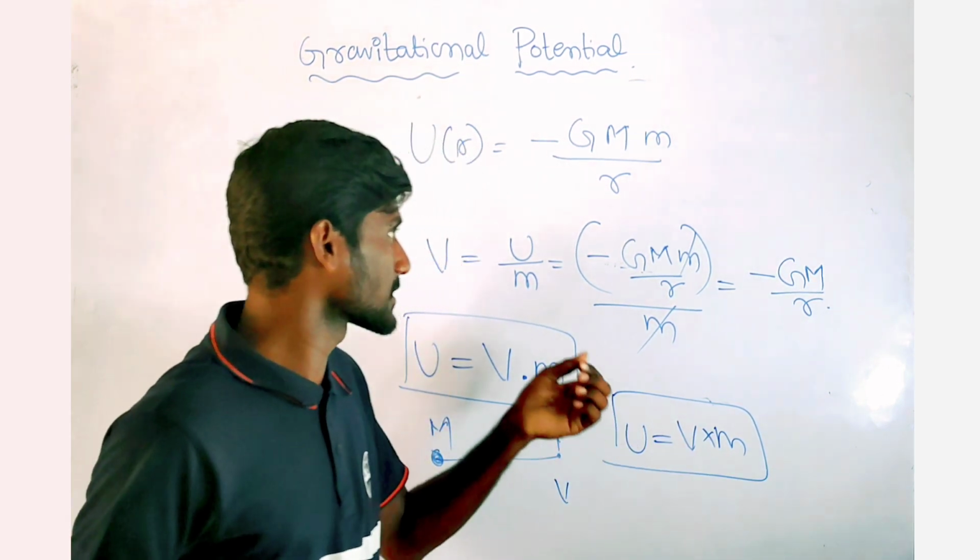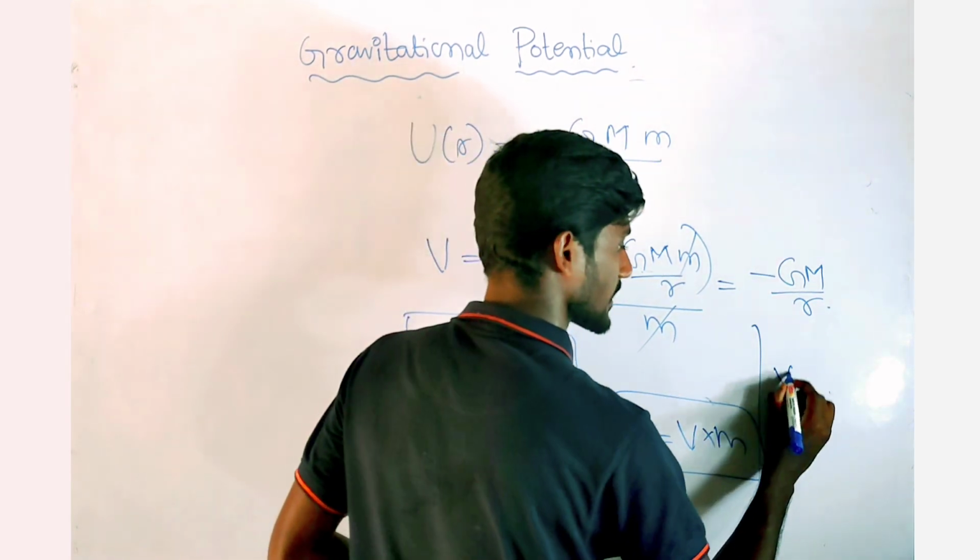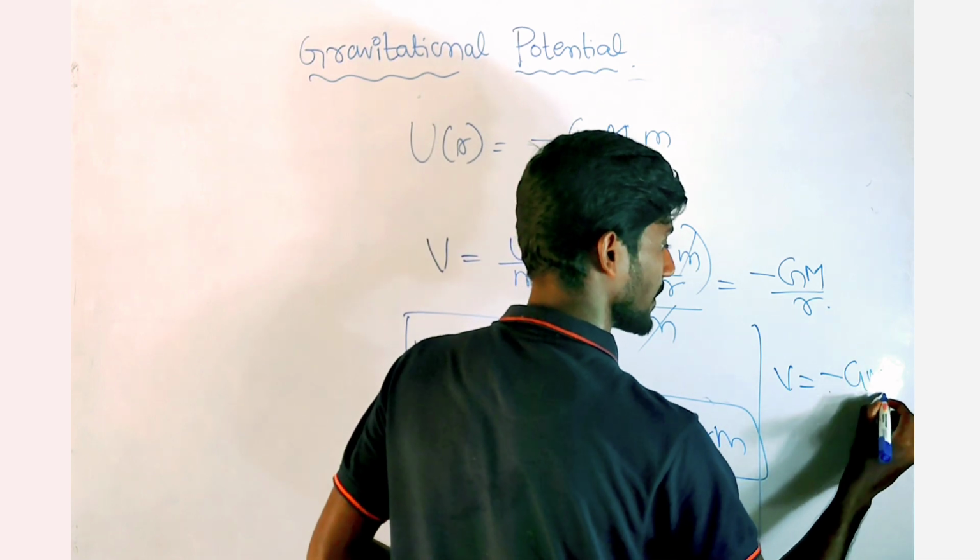Okay, so the expression for the gravitational potential is V equals minus G into capital M by R.